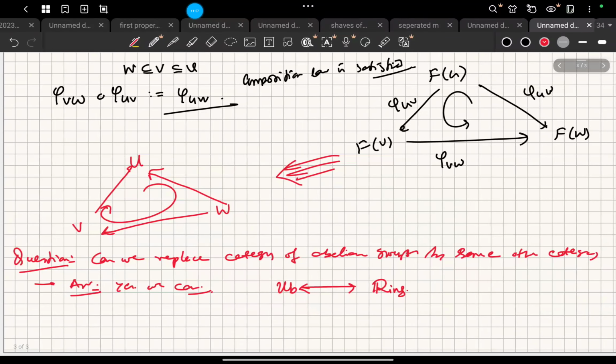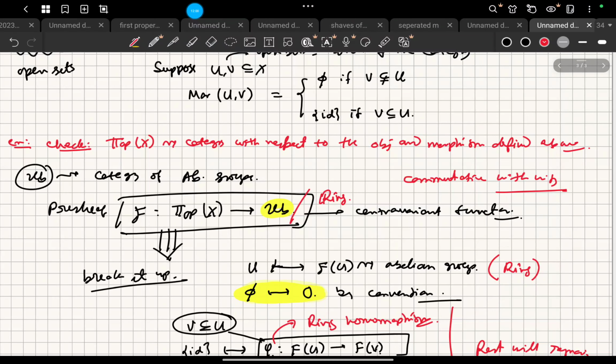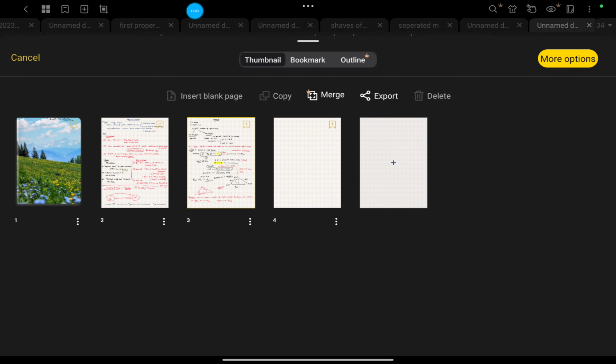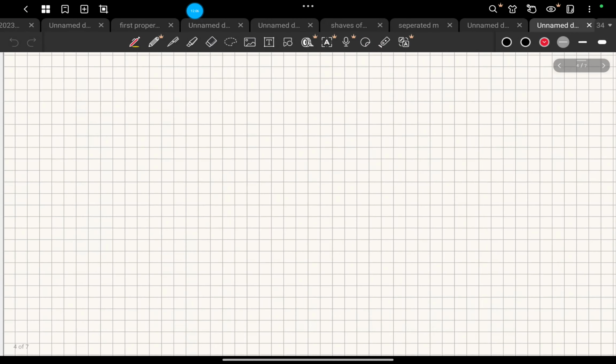Okay. Now, can you give me some example? The most natural way you can consider is U mapping to F(U), where F(U) is 0 for all U subset of X. It is the 0 abelian group, I mean 0 abelian means it's the singleton 0 only.